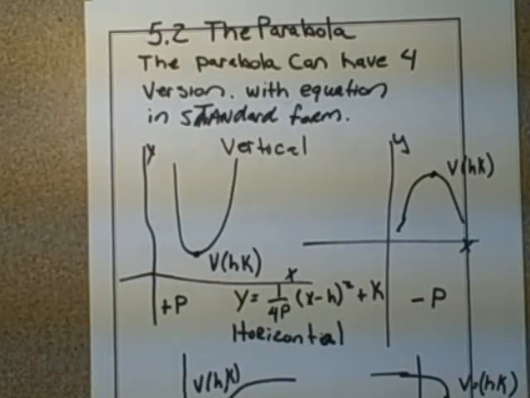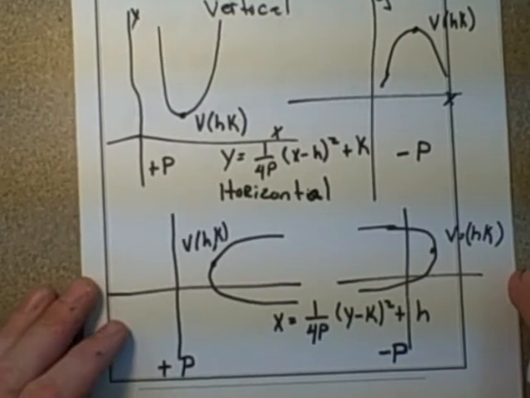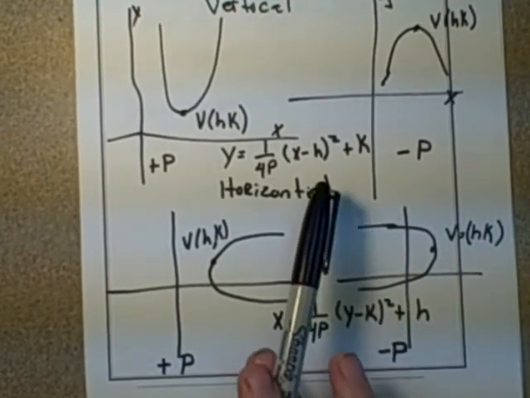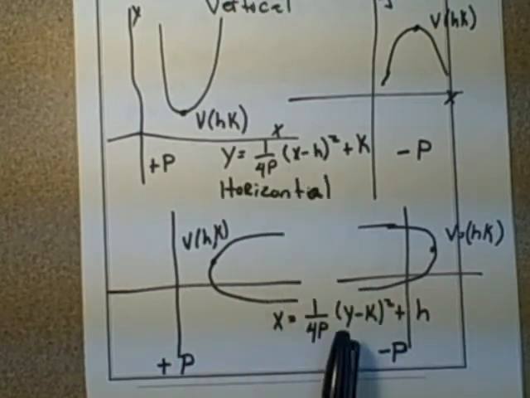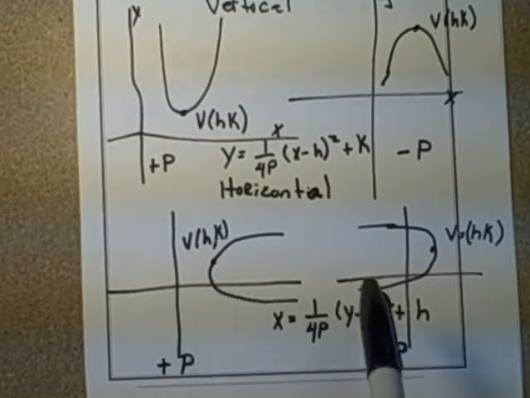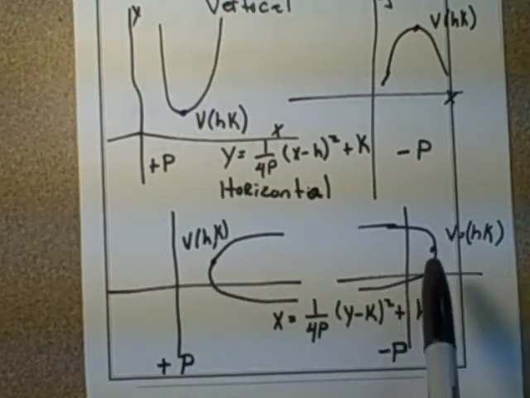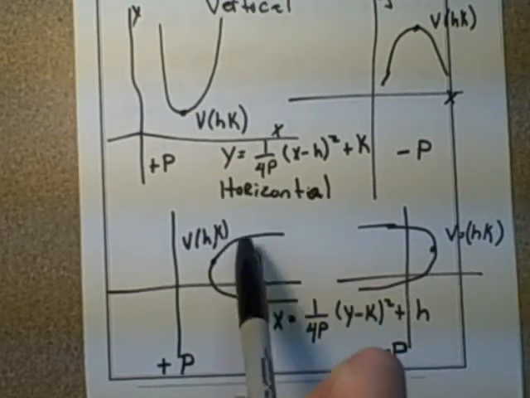On the bottom here, I have my horizontal parabolas, and it's x equaling something. Notice h and k change position because y is squared. Remember, the y point of the vertex is always the k value, and the x point of the vertex is always the h value.